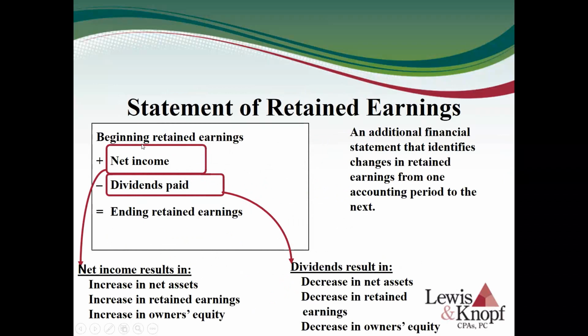So this is the formula: beginning retained earnings plus net income minus dividend paid is equal to the ending retained earnings. And know that the net income increases the assets of the company. It also increases the retained earnings, and it also increases the equity of the owners.